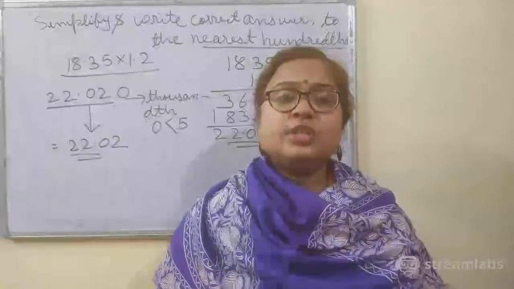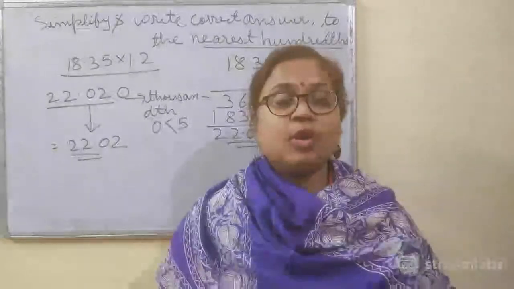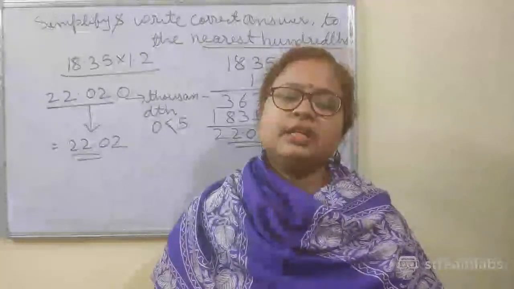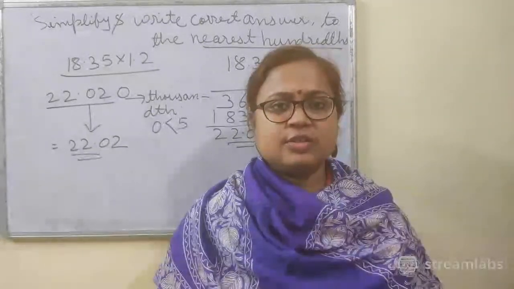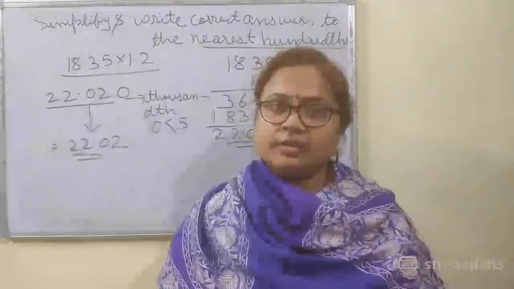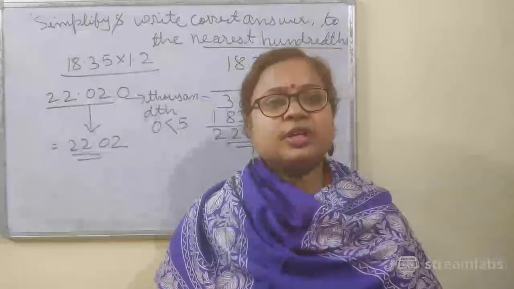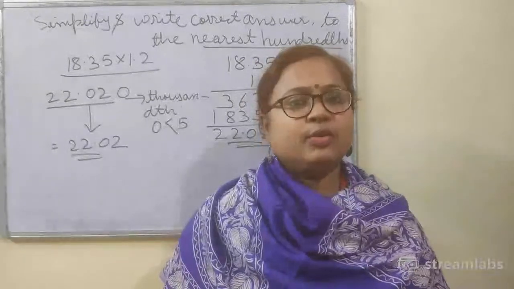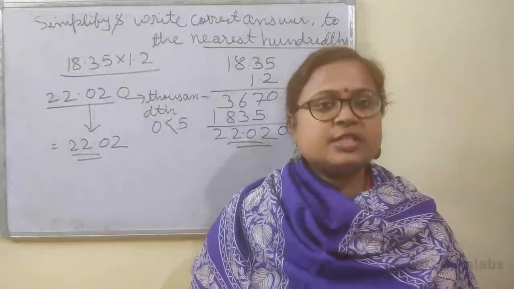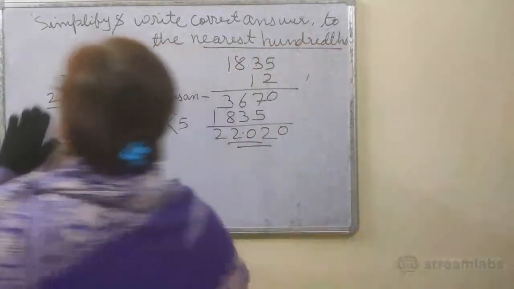But if the 0 is present after the number or between the numbers, then there is value of that 0. We will count that. Clear? But remember, if that 0 is present before the number, no value of that 0. So let's start with the question, then it will be more clear.